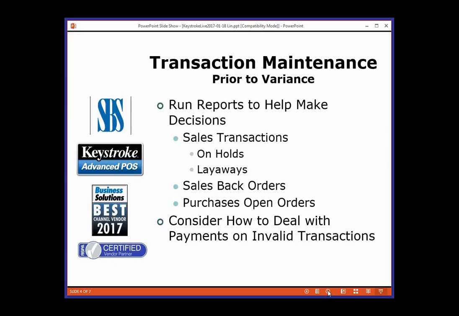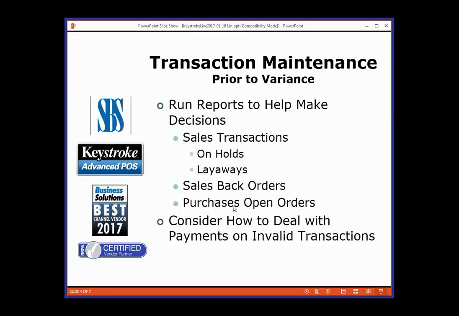You can run that report, and then you can run some other reports to help you make decisions on transactions that you may want to delete. You can run a sales transactions report for on holds or layaways, or sales orders as well. You can do a sales back orders report or a purchases open orders report.